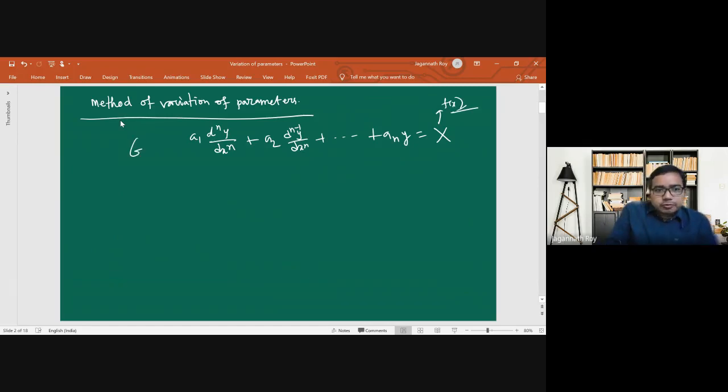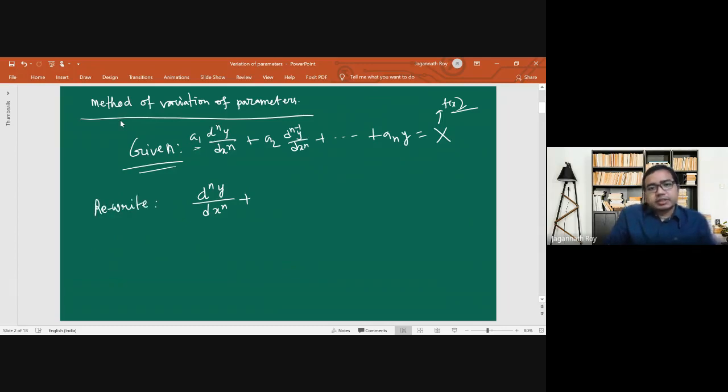Our task is to make the highest order derivative free, so we divide the equation so that the coefficient of the highest order derivative is 1.